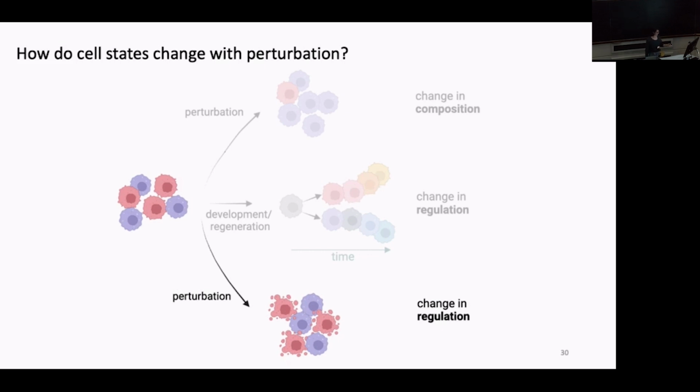So to the last part of my talk, which is on how these perturbations can change the regulations in the cells, and how we can actually learn about the cell states that are shaped by these perturbations.